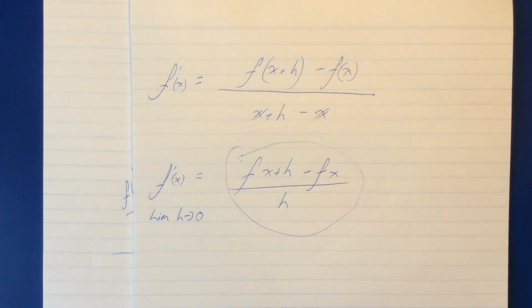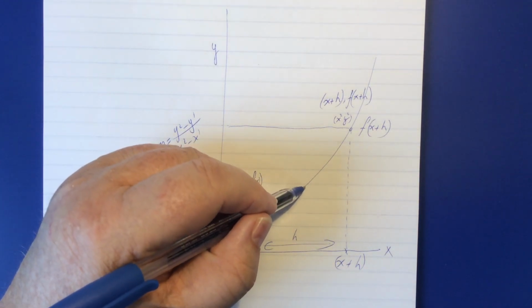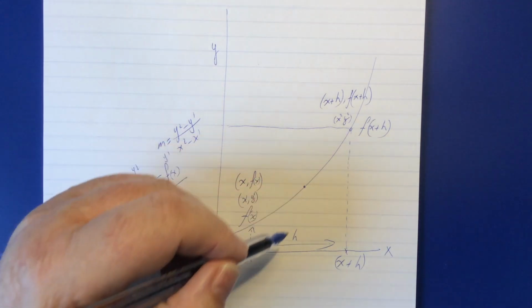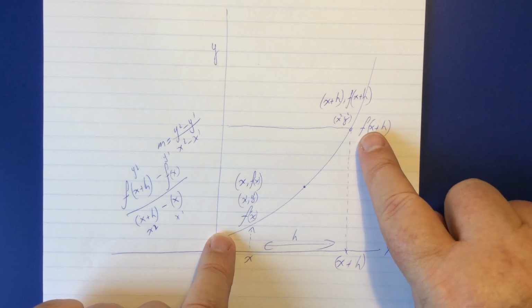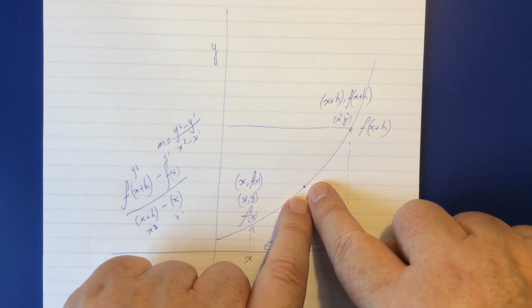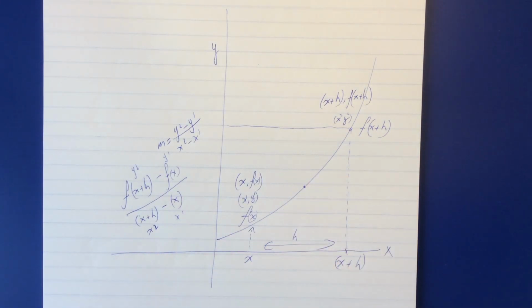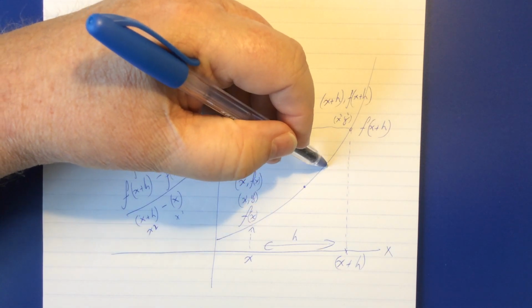What does that mean? Well, let's go back to this illustration, and I'm sorry it's getting a little bit busy, but let's say that our point of interest is there. We're actually looking for the gradient of that. And what this function says is that as these 2 points close in on this point, we get an incredibly accurate reading of what the gradient of this curved line is at this point.